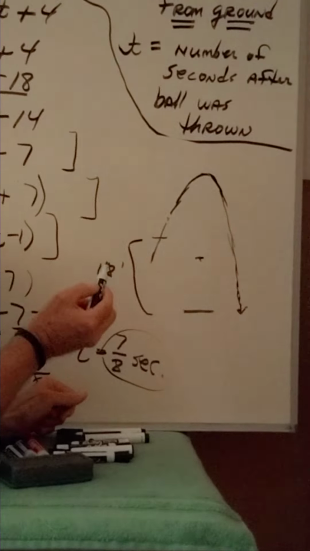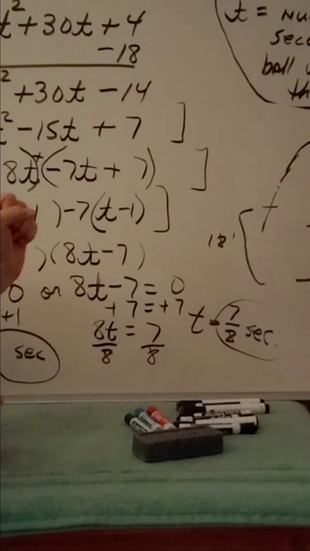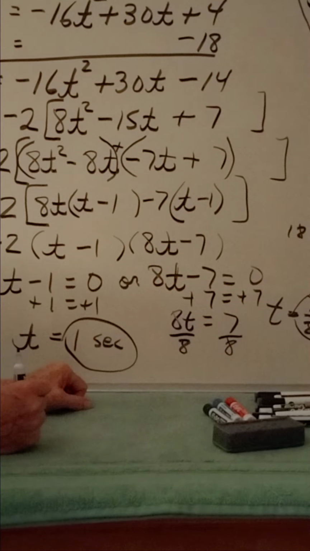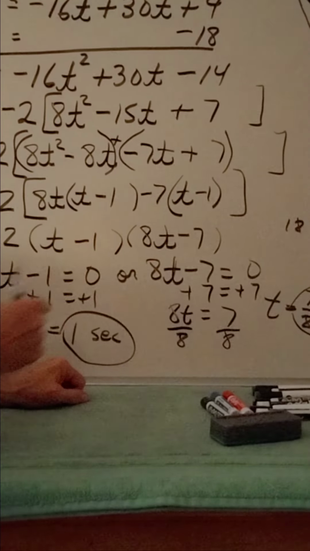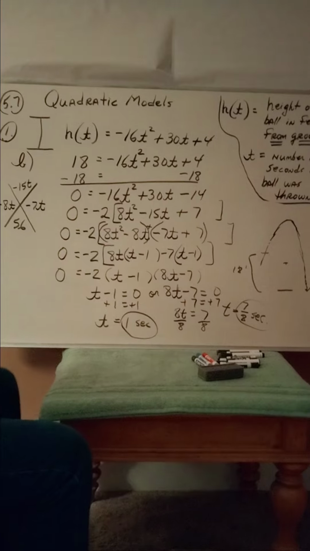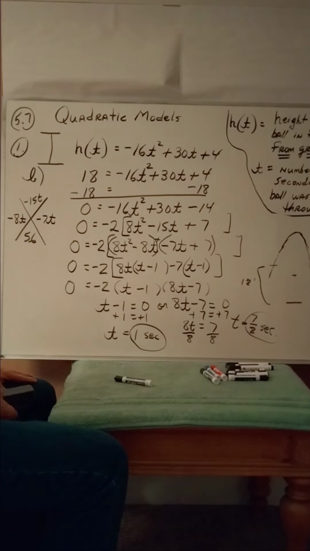Not a second after it hits the initial 18 feet. No, it's a real quick move. After 7/8 of a second, it's at 18, and then click, after a full second, it's at 18 feet again. So there's two answers for that given problem. Are they exactly at those times? No, but they're close enough.